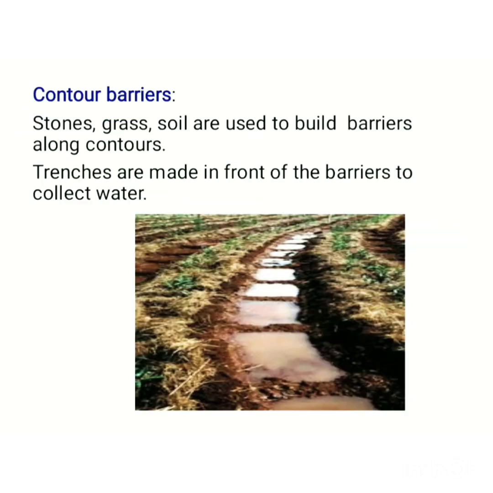Next one is contour barriers. Contour means the lines connecting the same heights. So stone, grass and soil are used to build barriers along the contours, and trenches are made in front of the barriers to collect water. Here you can see contour barriers made with mud and grass.